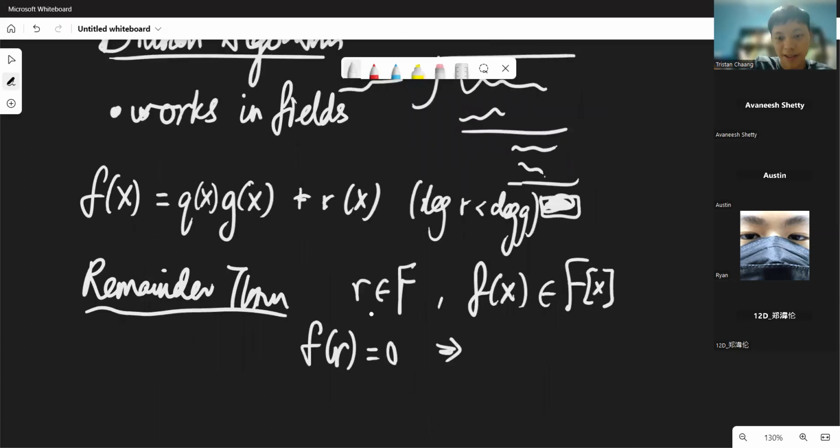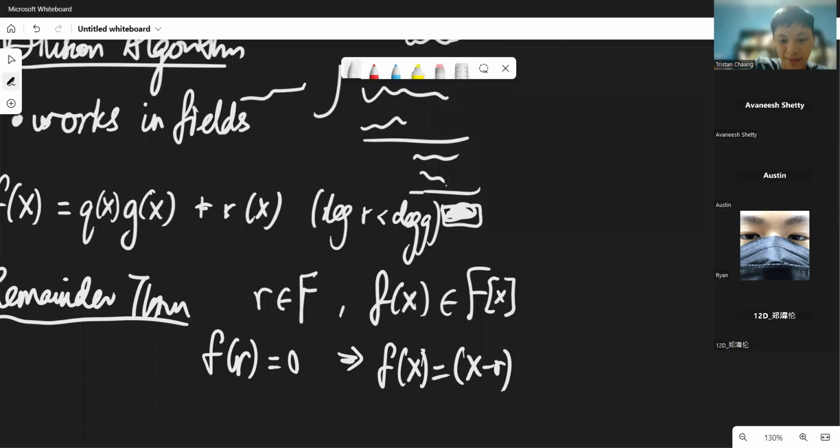If it's 0, that means f(x) must be the polynomial x minus r times g(x). Again, let's not be totally pedantic here. By x minus r, I mean x plus the additive inverse of r.